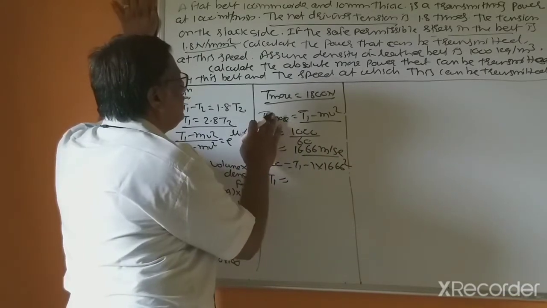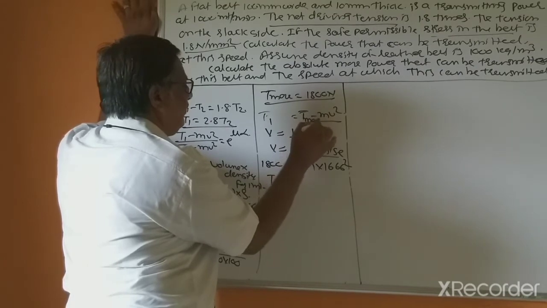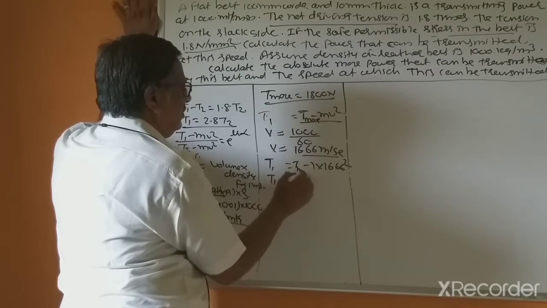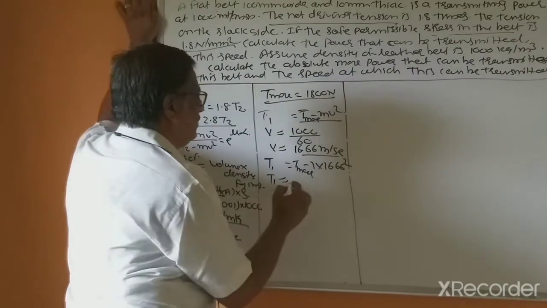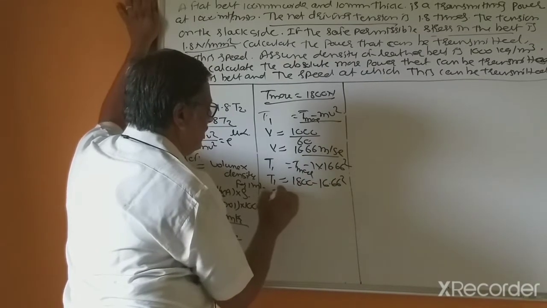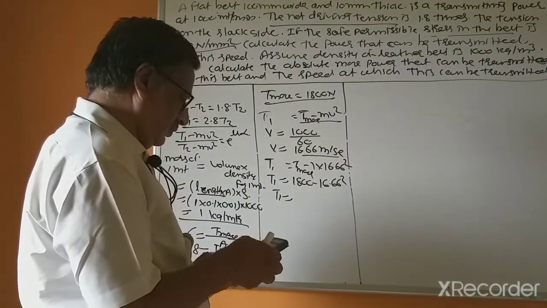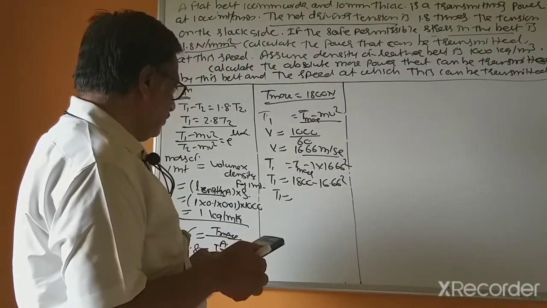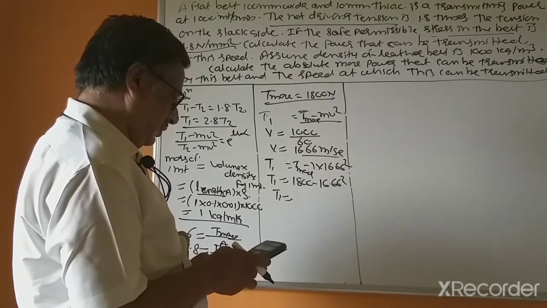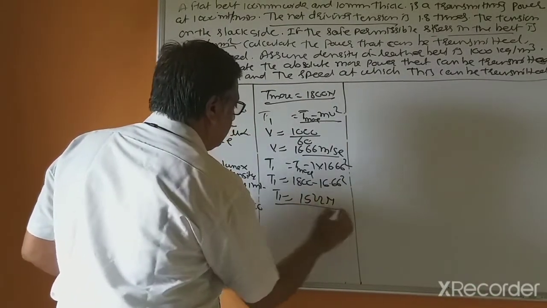So this is not the relation; this is T1 equal to Tmax. So 1800 minus 16.66 square. T1 equal to what? This is equal to 1522 Newton.